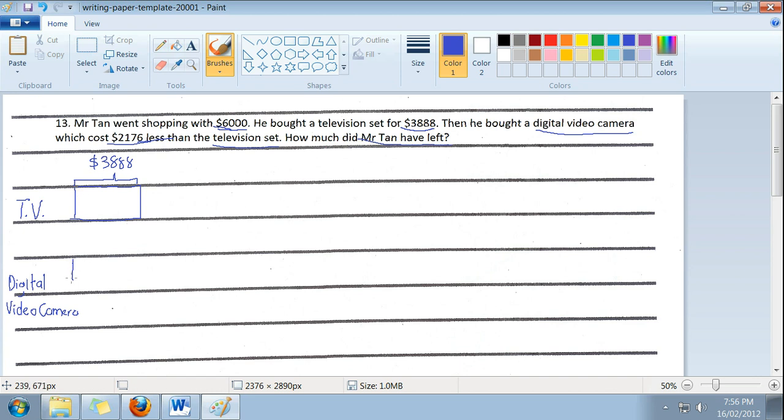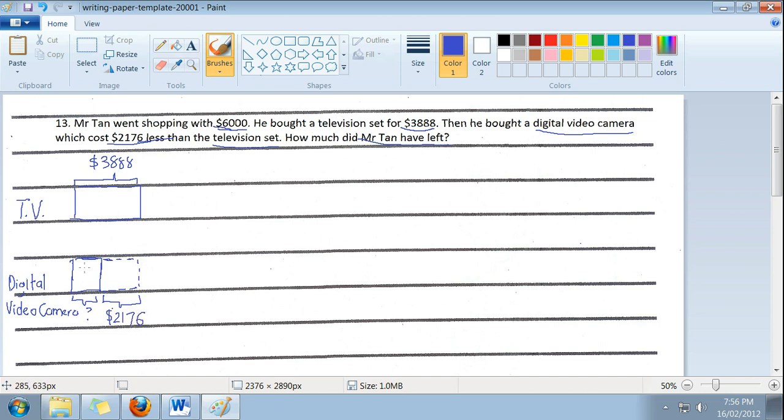So obviously the bar for the digital video camera is going to be shorter compared to the TV, but we don't know how much it is. So I'm going to put here a question mark. All we know is that the digital video camera is $2,176 less than the TV.